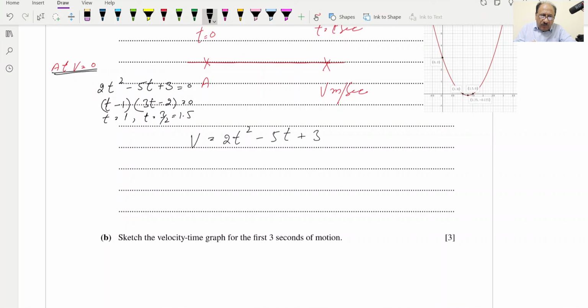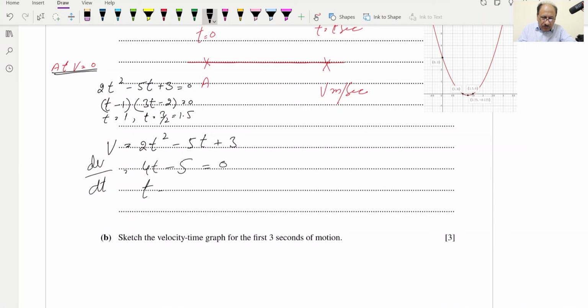We will find the acceleration. We know the acceleration is momentarily 0 for this velocity. So we will find acceleration from this equation, which is dv over dt, and the derivative of this will be 4t minus 5, and we know the derivative will be 0, so we put it equal to 0.